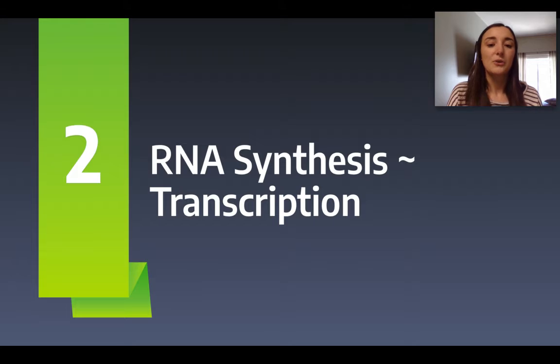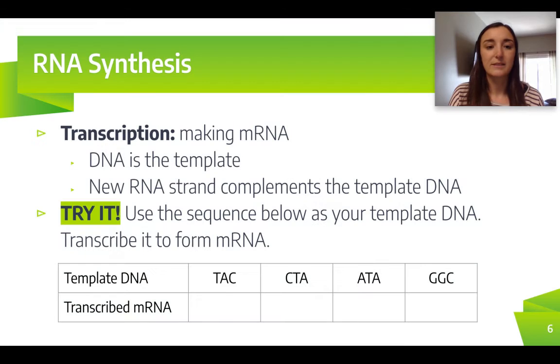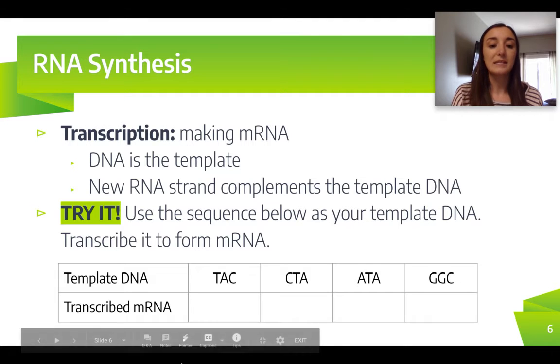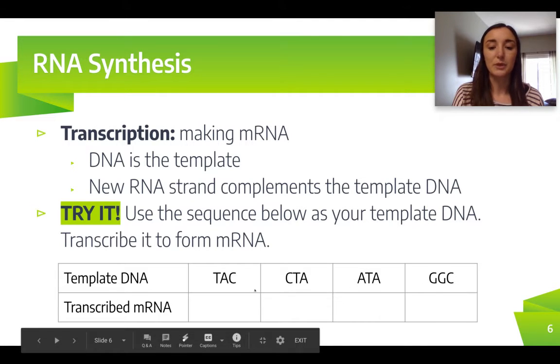All right, so the first thing that needs to happen is transcription. That's your RNA synthesis. So we make mRNA during transcription, and we use DNA as the template. Your new RNA strand complements that DNA template. So we're going to try that out below. You're going to use this template DNA sequence that I have written for you here to try to transcribe and form mRNA underneath.